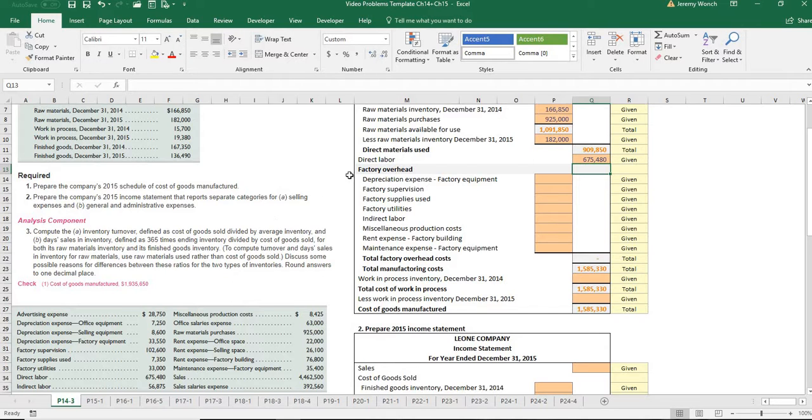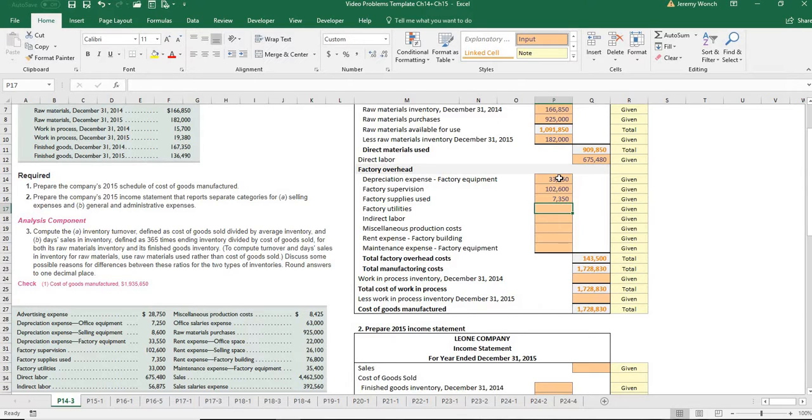And so the first thing, we'll do depreciation expense for the factory equipment. And that's going to be $33,550. And we have factory supervision, $102,600. And we have factory supplies used. It's going to be $73,50.